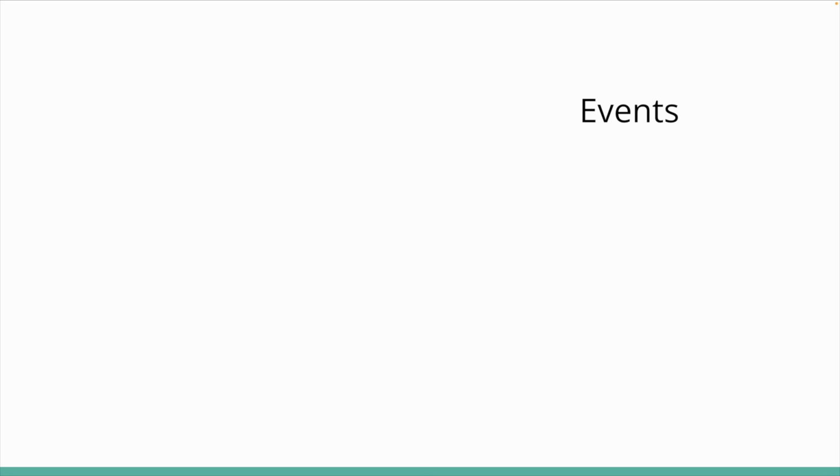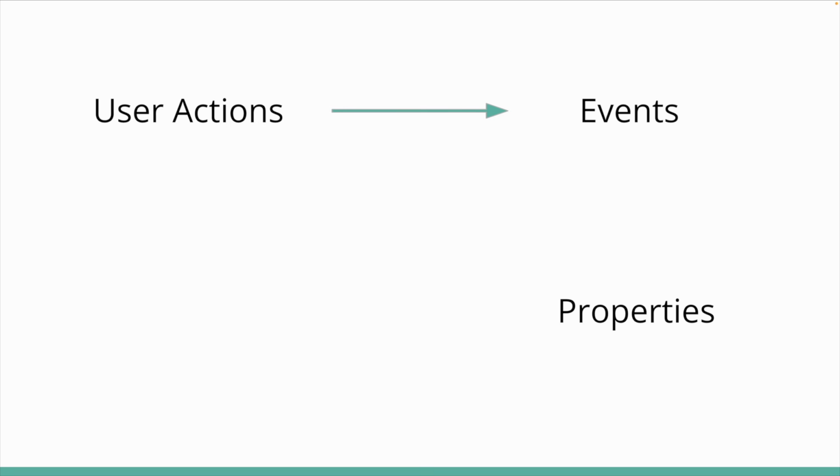Events also come with additional data attached to them that provides more context to them and allows you to analyze them better. These contextual bits of information are referred to as event properties, or just properties for short. So to recap, a user action is an event, and the context for the action is its property.